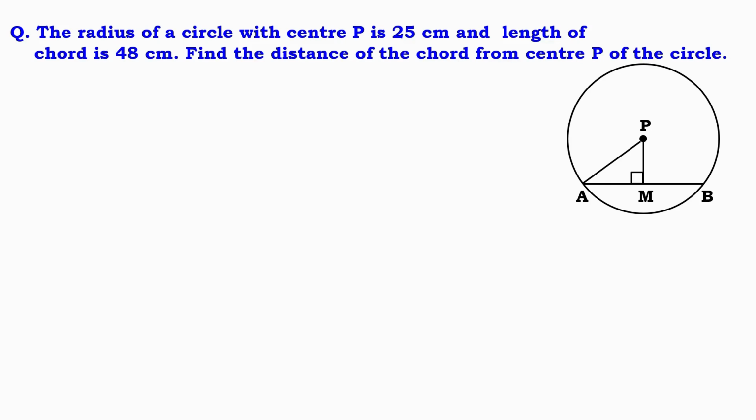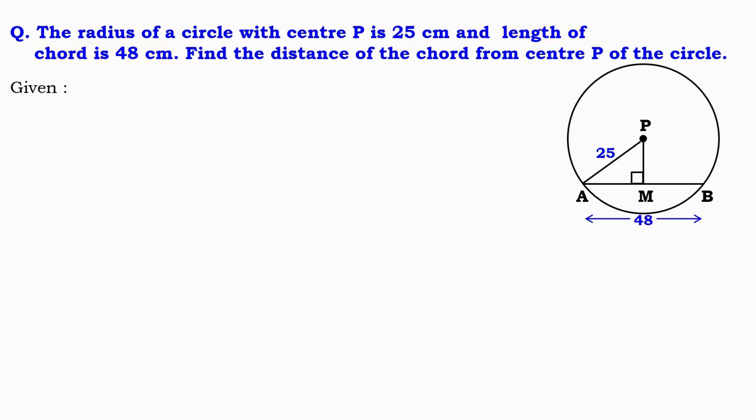Find the distance of the chord from the center P of the circle. Let us take a look at the circle. The radius is given with the center P, that is 25. So here AP is 25 and the length of the chord AB is 48.